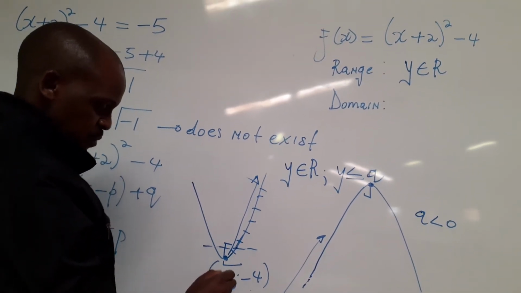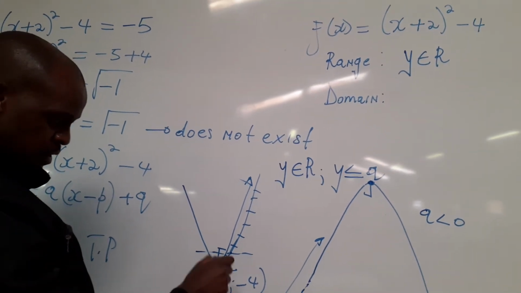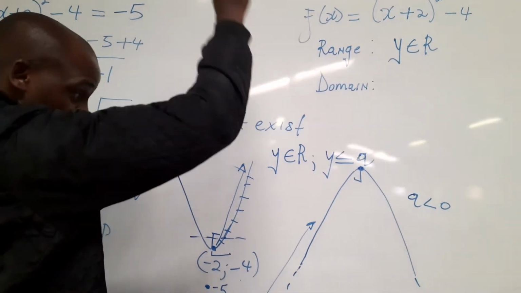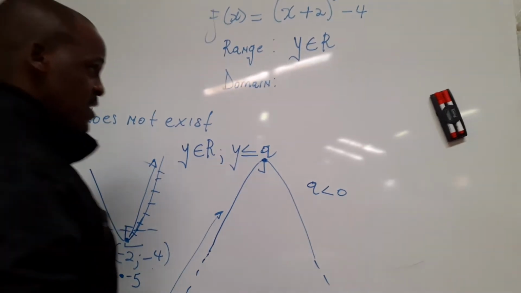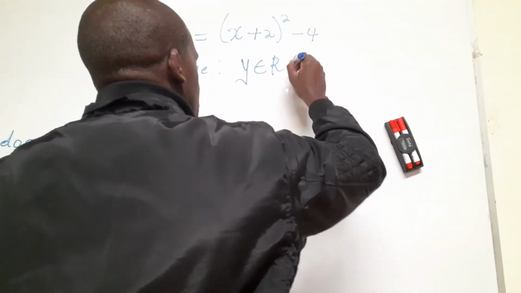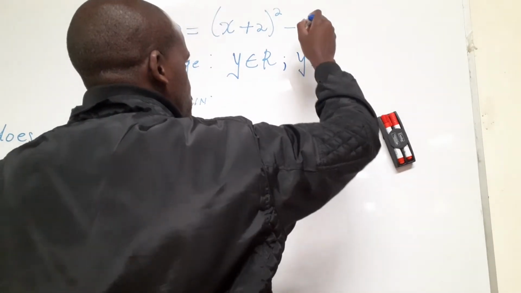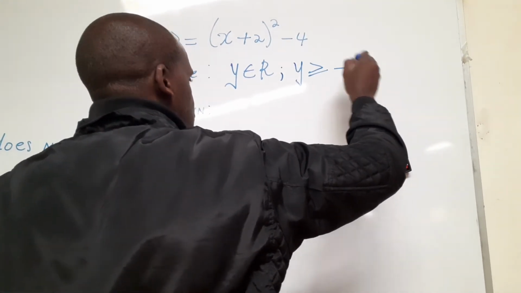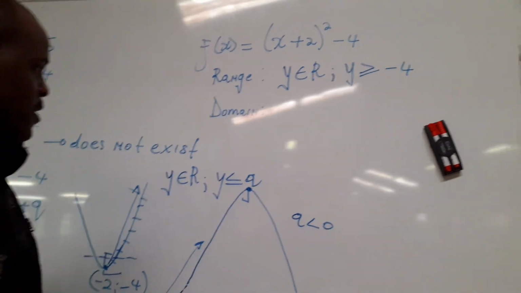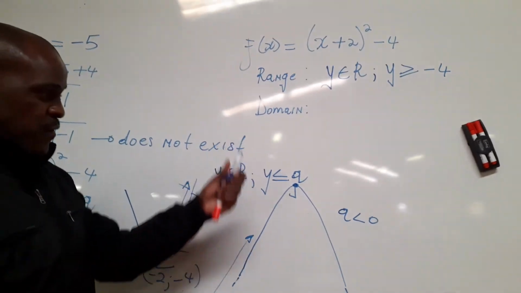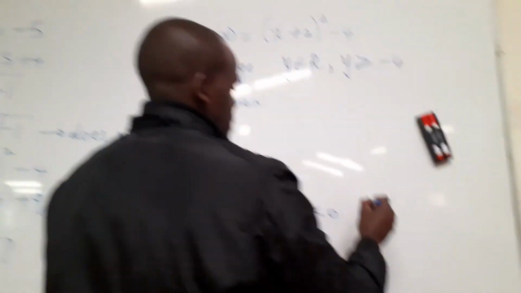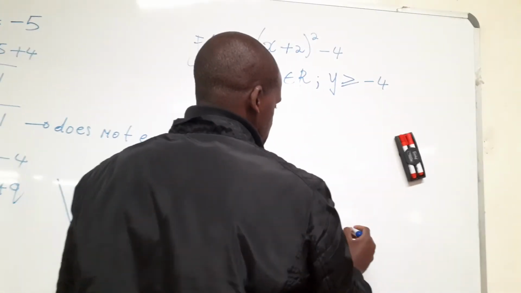That value mustn't be below negative 4, it must be above negative 4, upward, for this graph to range. Y must be greater than or equal to negative 4.